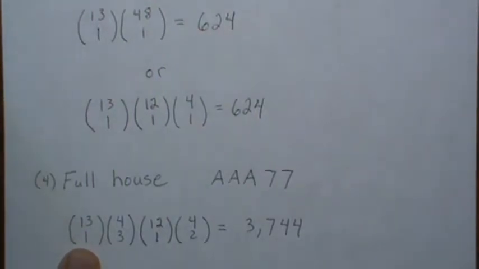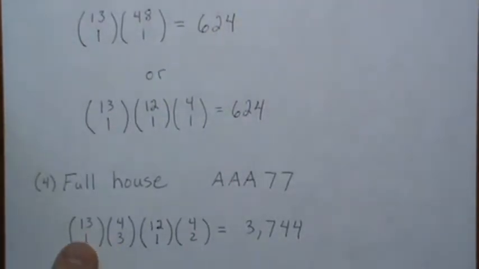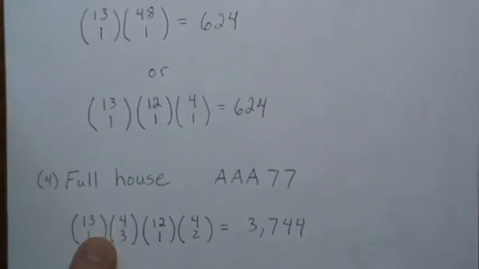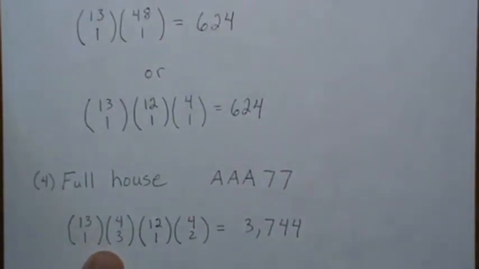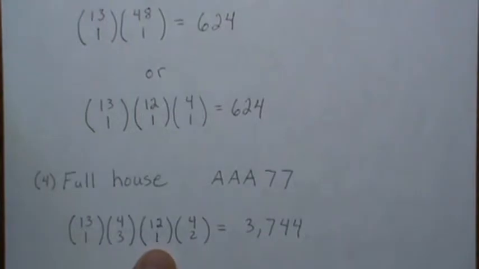So we randomly pick 13 choose 1, so now we have those 4 cards and we set them aside. And then of the 4, we only want 3. So this is the number of ways to pick 3 cards of the same number. Now here, there's 12 columns left. We want to grab one of them randomly and then set those aside, but we only want 2 of the 4. So this product is the number of ways a full house can occur.